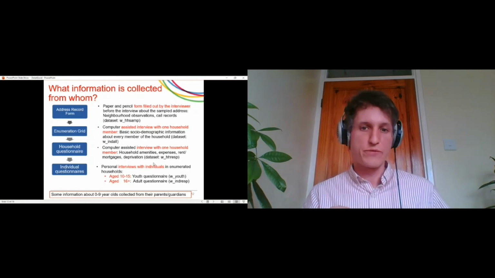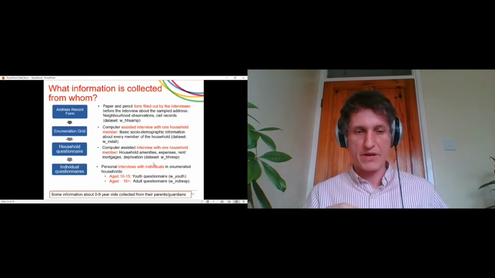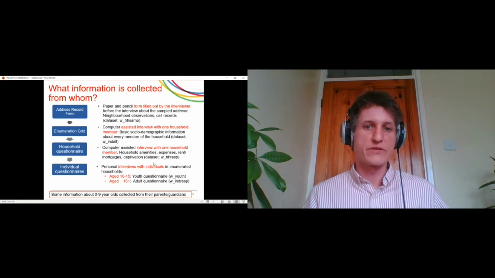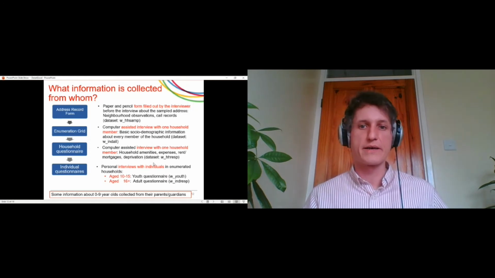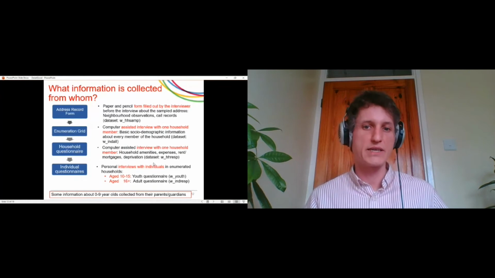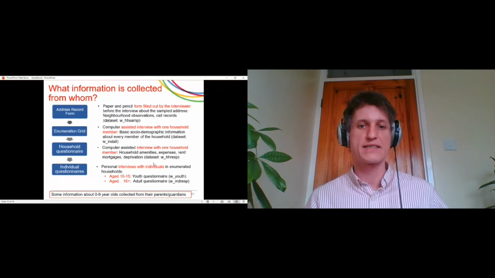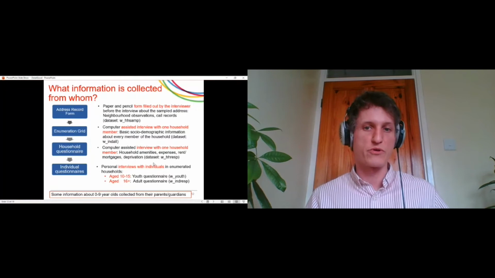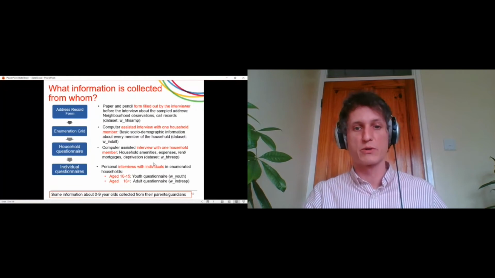The root file name for data coming from this questionnaire is HHSAMP. Then we have the enumeration grid. This is a questionnaire completed by one household member who provides a complete list of all people living in that household and some basic demographic information about those people.